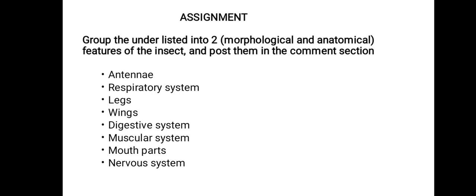And when you have grouped them into two, one group morphological features of the insects, the other group anatomical features of the insects, then you post them in the comment section so that we will be able to review them.